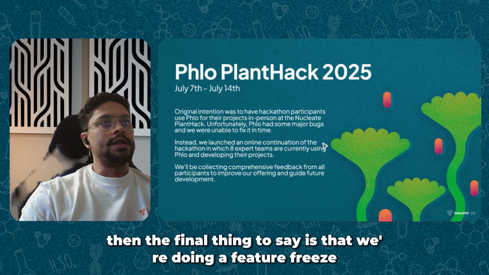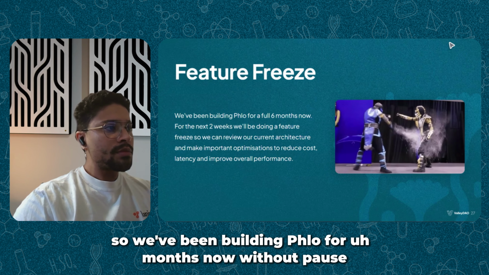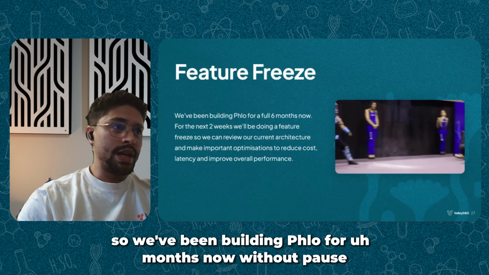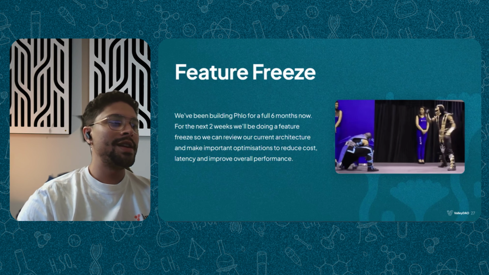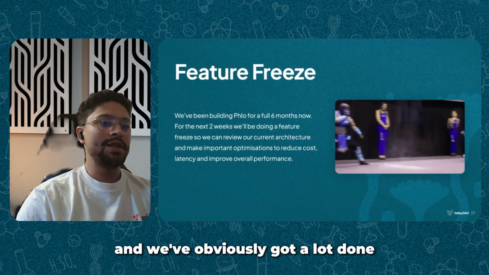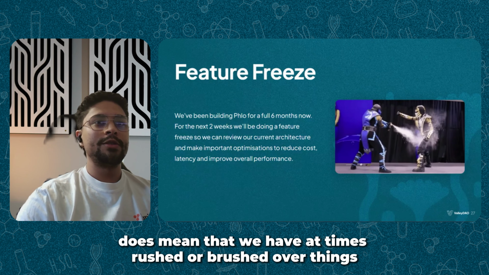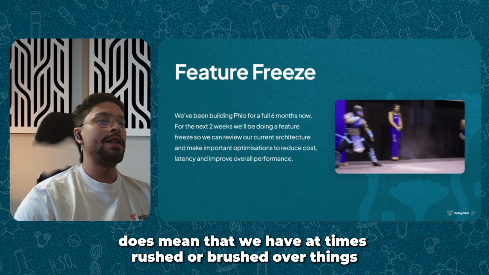And then the final thing to say is that we're doing a feature freeze. We've been building Phlo for 6 months now without pause. And whilst that's been great for progress and we've obviously got a lot done, it does mean that we have at times rushed or brushed over things.